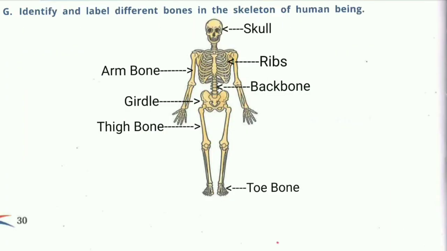On the left side you have arm bone. In the middle you have girdle. Then you have thigh bone, which is also called femur. And last you have toe bones. So these are the bones which you have studied in this chapter.